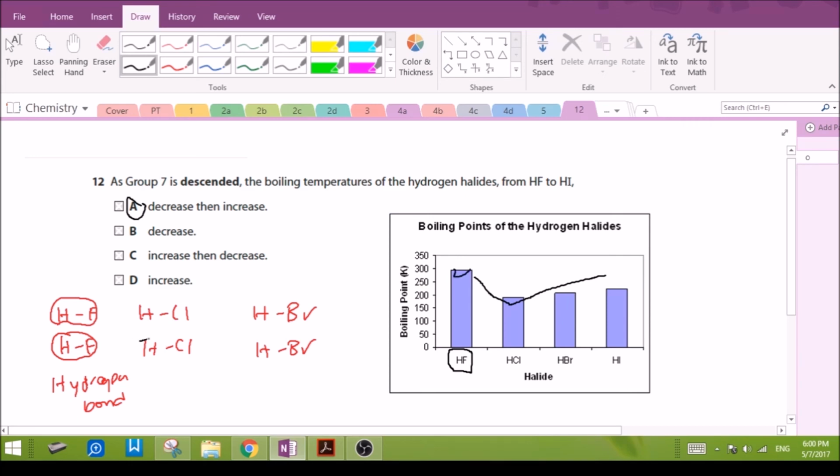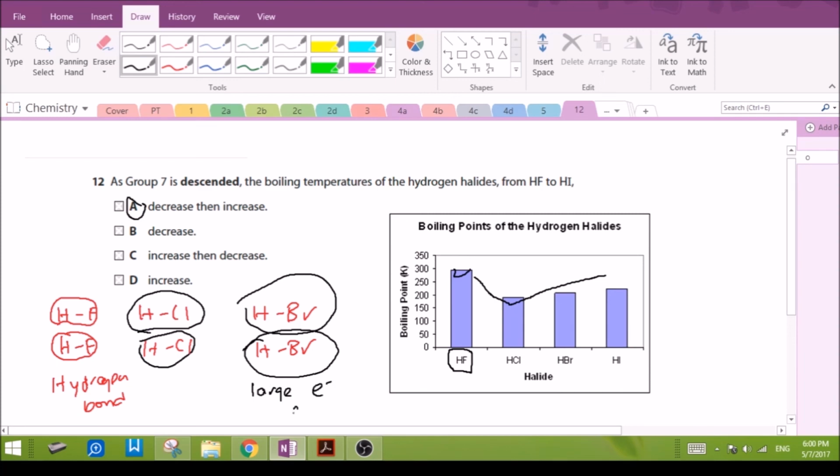Now, for hydrogen chloride and hydrogen bromide, why does hydrogen bromide have a higher boiling point than hydrogen chloride? Because this is where the large electron cloud starts to play a part, right? Bromine is a much larger atom than chlorine, and because of the large number of electrons, the van der Waals forces are actually pretty appreciable.